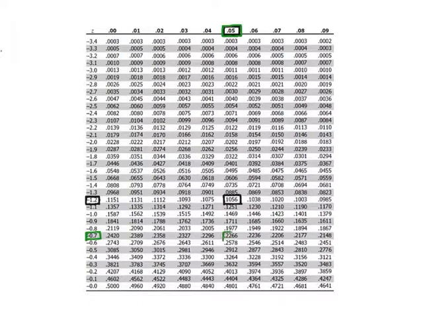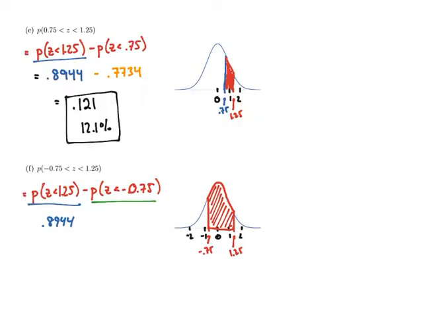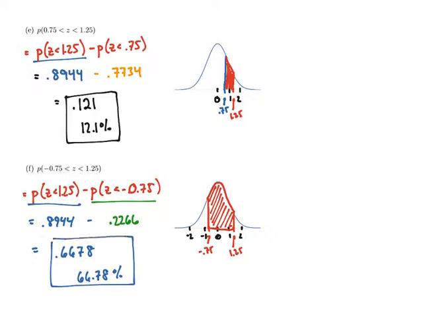And we get 0.2266, and we are subtracting those values. That will give us 0.6678 or 66.78%.